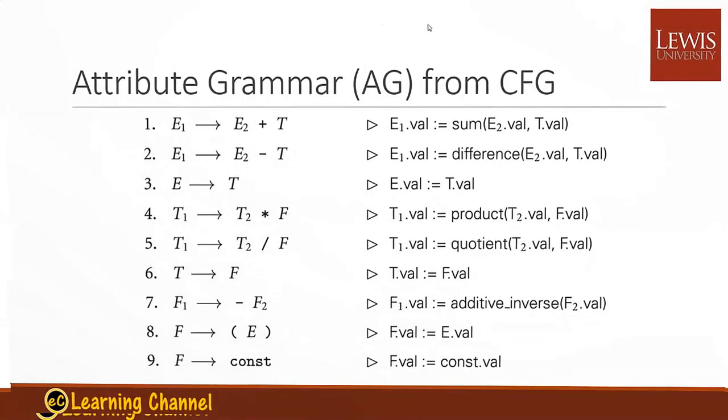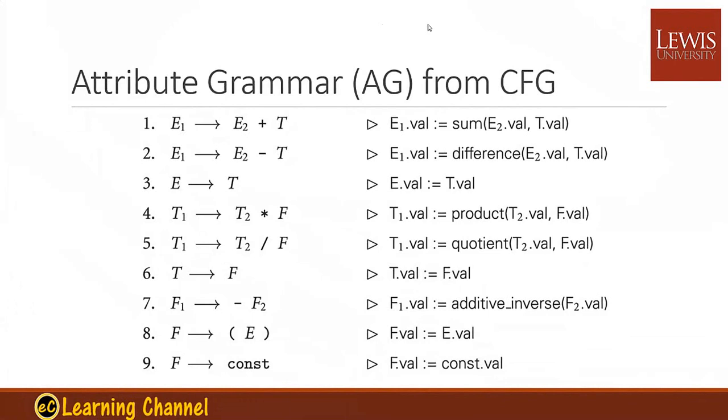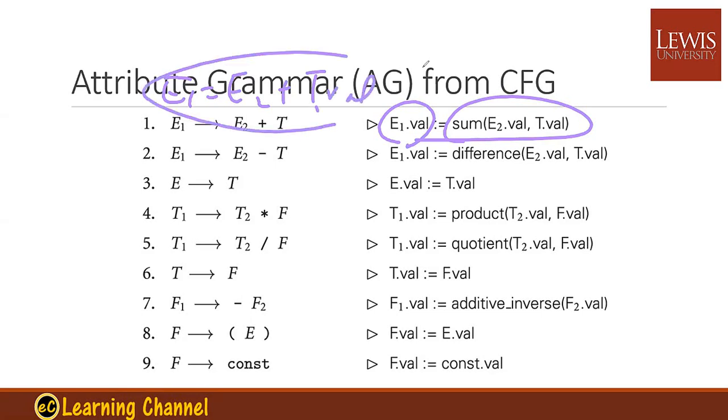Yes. To be short, add equation to the term, right? So that's what I say, E1 equals E2 plus T value. Conceptually something like this. Is that okay? So some difference, some product, some quotient, some derivative, assign value to it, right? Not hard, right?